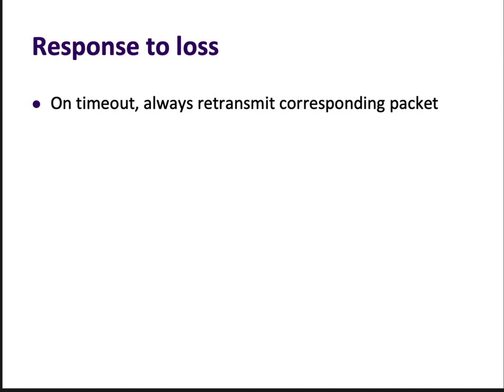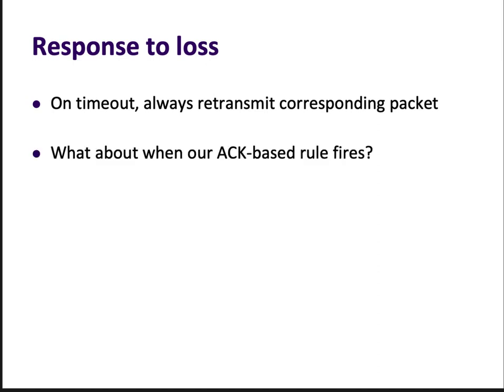So, response to loss. So far we've said on timeout, always retransmit the corresponding packet. What about when the ACK-based rule fires? What we've seen so far is that when 3 subsequent packets have been ACKed, you will retransmit the packet that you think is missing.